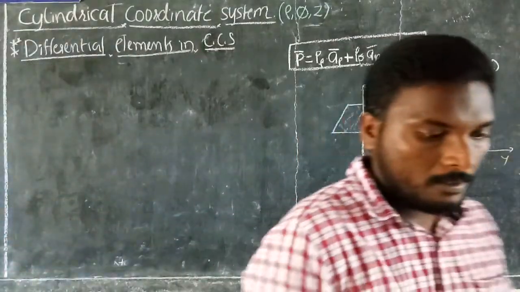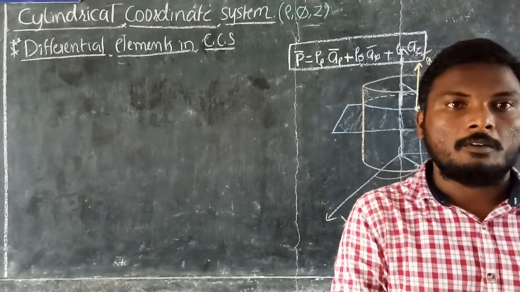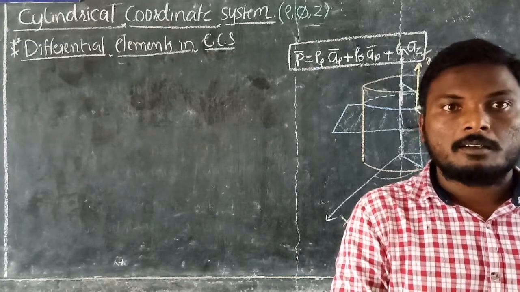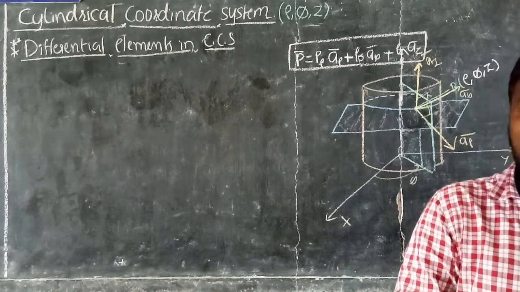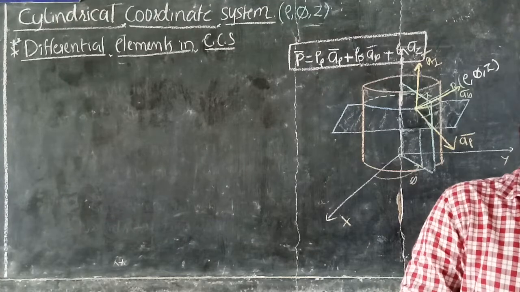Now tell me, in Cartesian coordinate system, we have derived formulas for differential elements. So similarly, we are going to derive some formulas for differential elements in the cylindrical coordinate system.